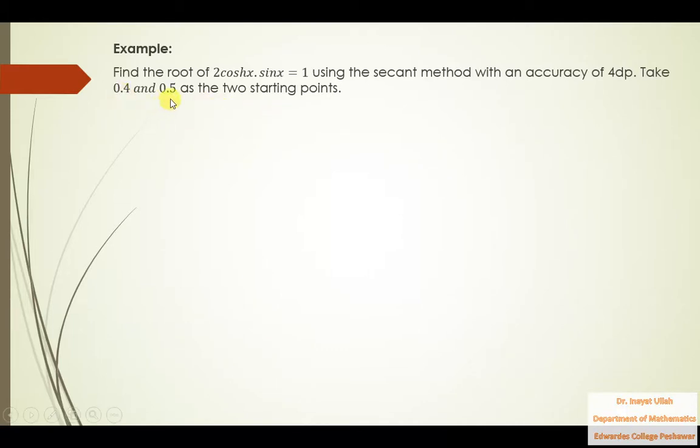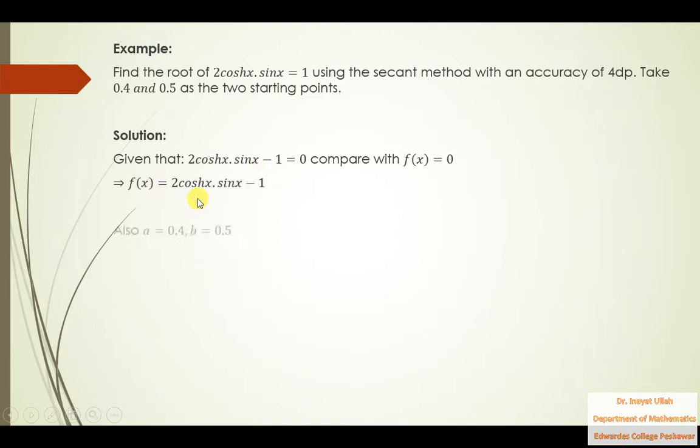So that is a and this is b, and this is the given non-linear function. Shift this one towards that side so that it will be equal to 0, and compare with f of x equal to 0 to get f of x. Similarly, a is given to be 0.4 and b is given to be 0.5.